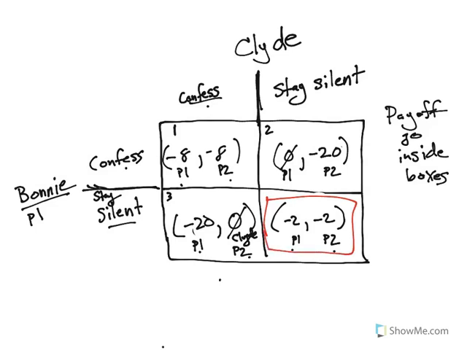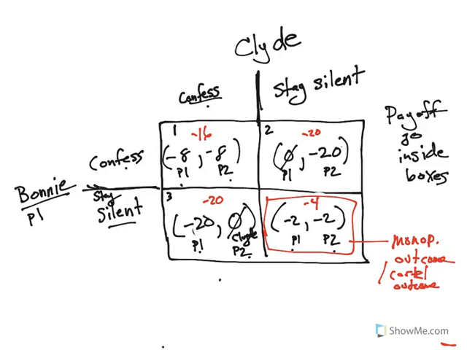If we look at the total amount of prison time in each of these boxes, right? 20 years in prison, 16 years in prison, 20 years in prison, and 4 years in prison. 4 years in prison sounds the best, right? So this represents their monopoly outcome, or the cartel outcome.